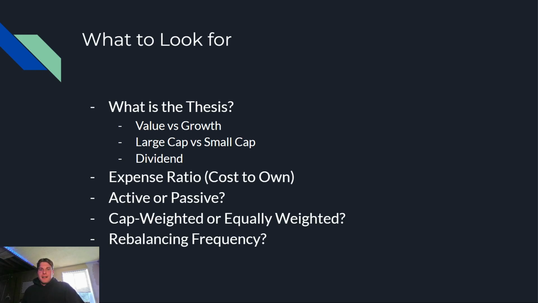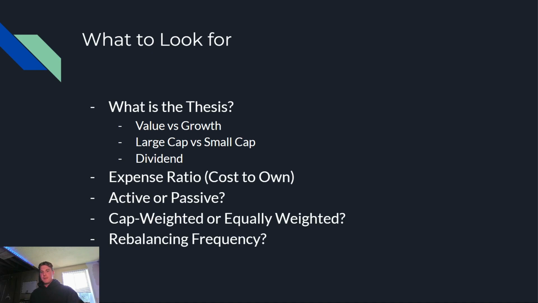Next up, you have a cap-weighted or equally weighted ETF. Cap-weighted means that the percentage that a stock contributes to an ETF is based on what the market capitalization of that stock is. So if you have 10 components within an ETF and say one stock has a $1 billion market cap, one has a $500 million market cap, the one with a $1 billion market cap is going to have twice the weighting within that ETF compared to the one that only has a $500 million market cap.